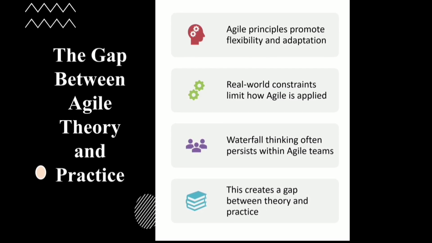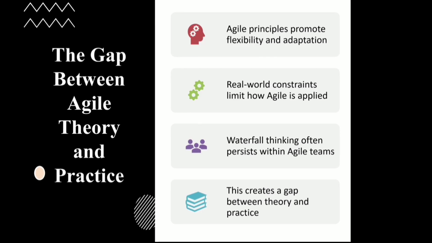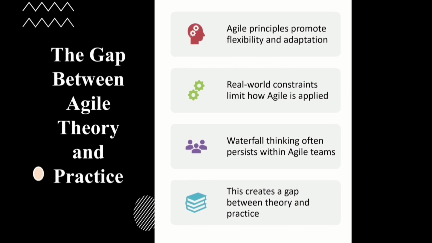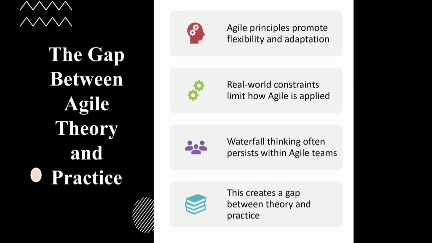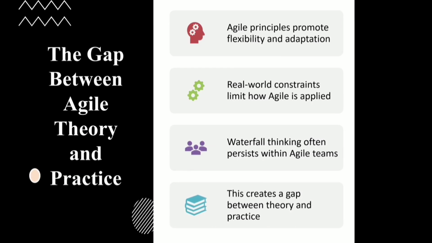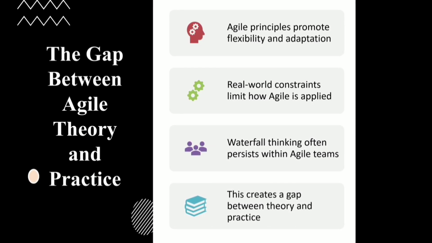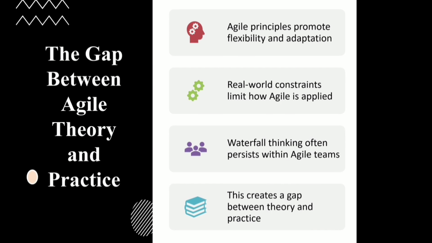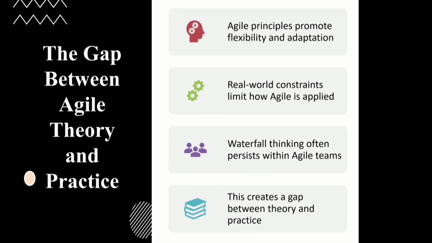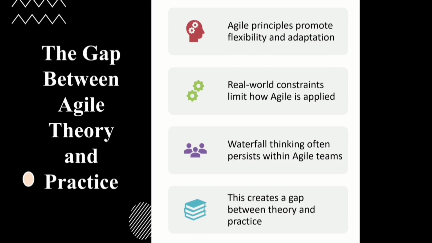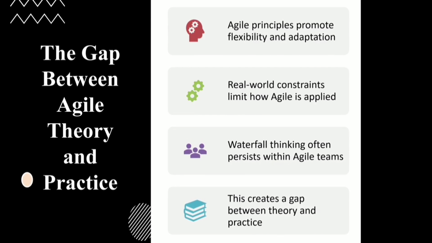Agile promotes flexibility and adaptation, but real-world environments often introduce constraints such as deadlines, budgets, and organizational structures. As a result, teams may follow Agile practices without fully applying Agile principles. This gap is one of the key reasons Agile does not always produce the expected results.